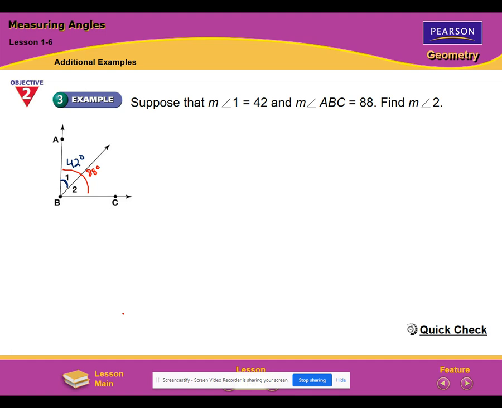Now, wouldn't that just be a simple subtraction? Here's the thing, though. Would you agree with this? The measure of angle 1 plus the measure of angle 2 is equal to the measure of angle ABC. Wouldn't everybody agree with that? I bring that up because in the previous lesson, I talked about something called the segment addition postulate.